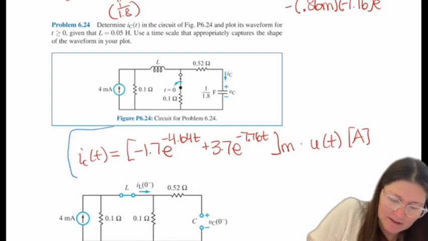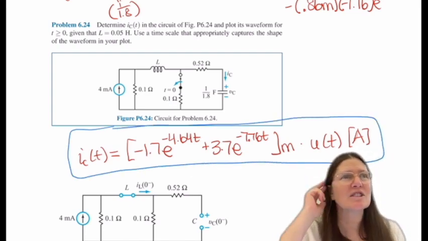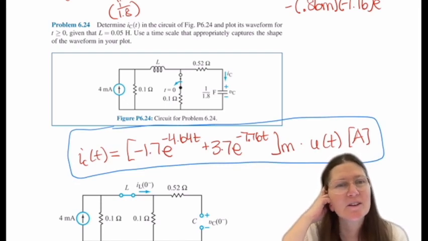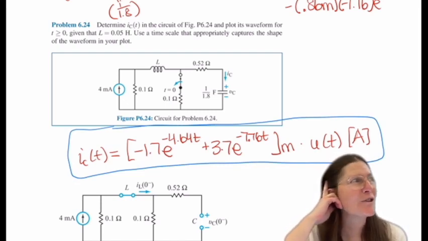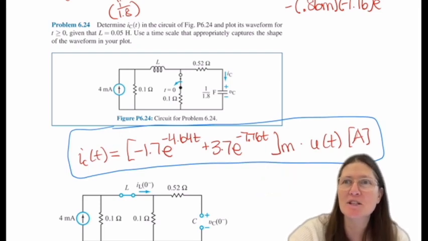That will be your final answer. Okay, questions? Did you guys get very far? Okay. All right, so if you didn't quite finish this here, make sure to do it as an exercise to be able to finish this and get the same answer, okay?